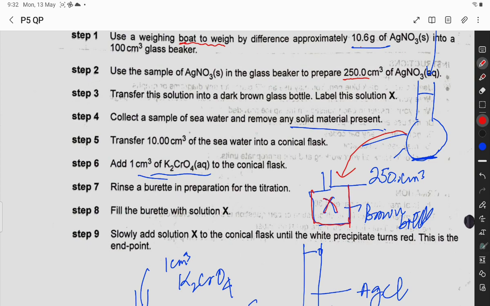Collect a sample of seawater and remove any solid material present. Step 5. Transfer 10 centimeter cube of the seawater into the conical flask.